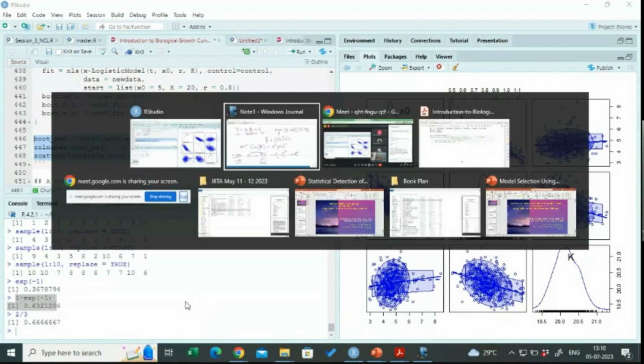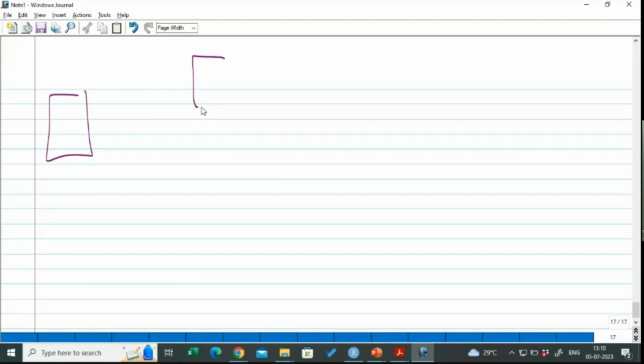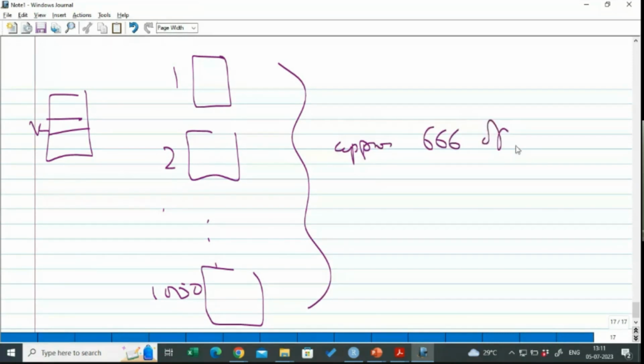So if from the original data you create, say, 1,000 bootstrap samples, and take a particular row, say the kth row, approximately 666 of them will contain the kth row, and this is the same for all the rows. So that is a theoretical validation of why the bootstrap actually works nicely. Okay, thanks for this question.